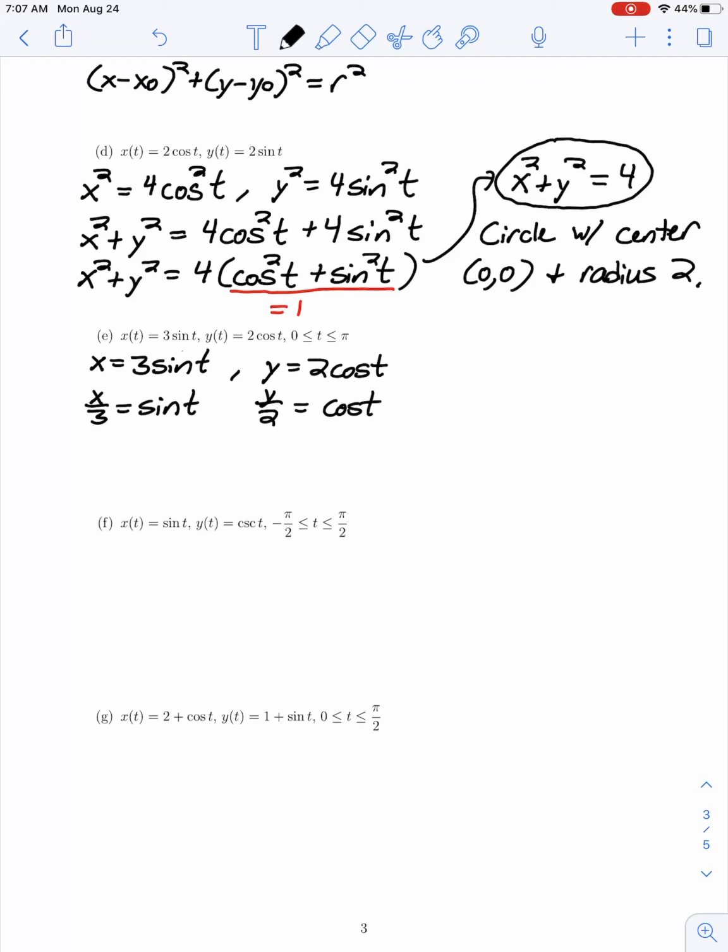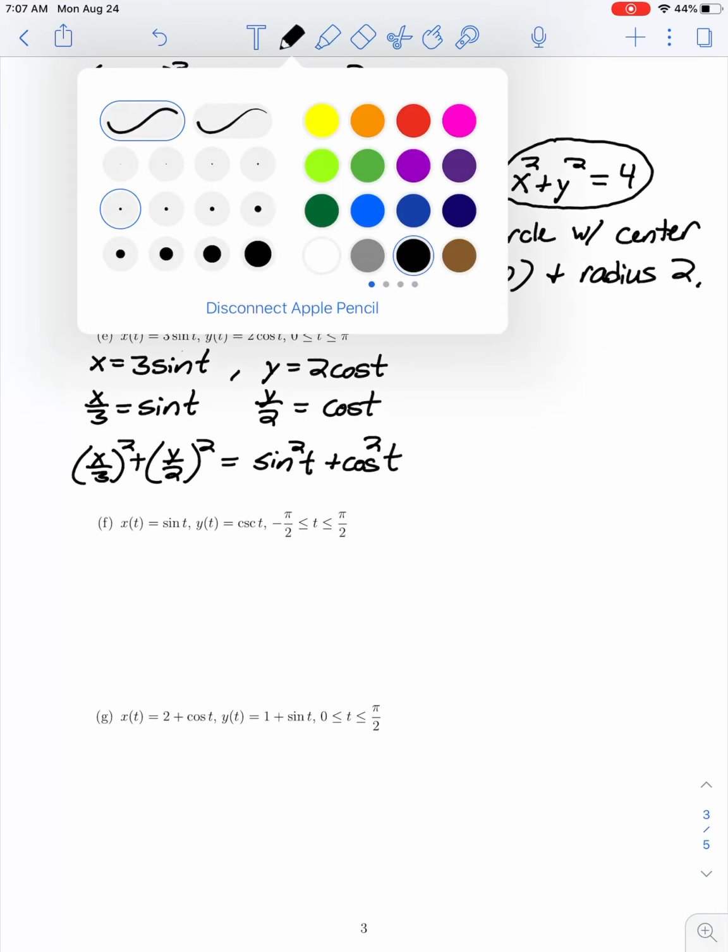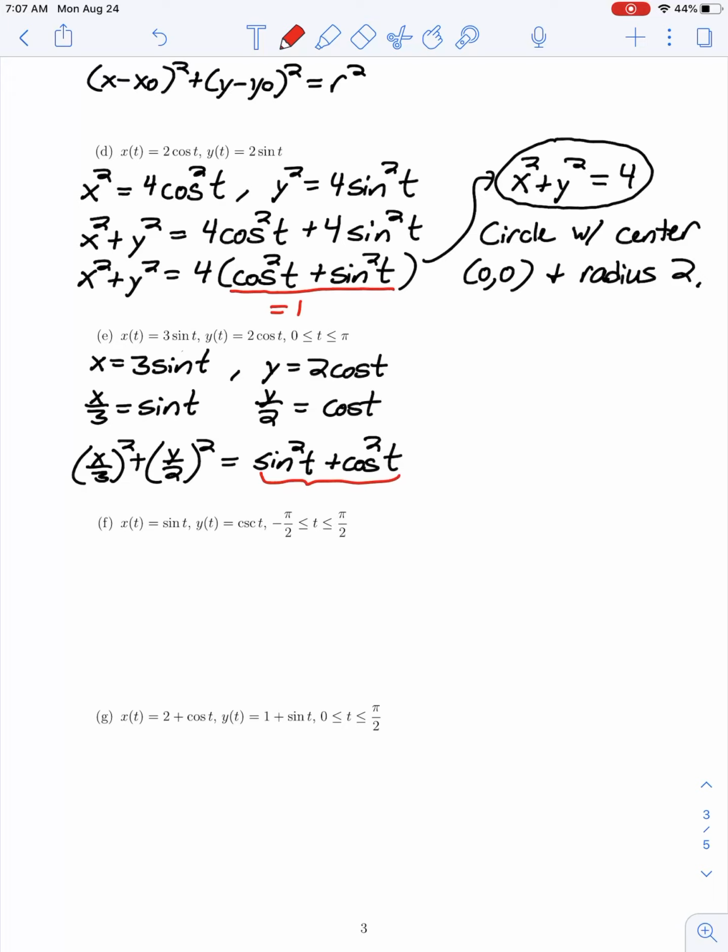So if I want the sum of sine and cosine squared to make use of the same trig identity that we did in part D, I could square these values and take their sum. So I would have x over 3 squared plus y over 2 squared equal to sine squared t plus cosine squared t. But again, we recognize that the sum of sine squared and cosine squared t is equal to 1.